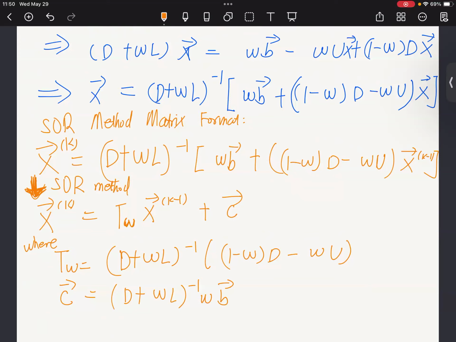You choose the parameter to let the matrix look good. The thing you only need to know is that example, how to write out the expressions. But how to choose the omega, you can take a look at the textbook, and the calculation is very lengthy, and it takes time to understand it.